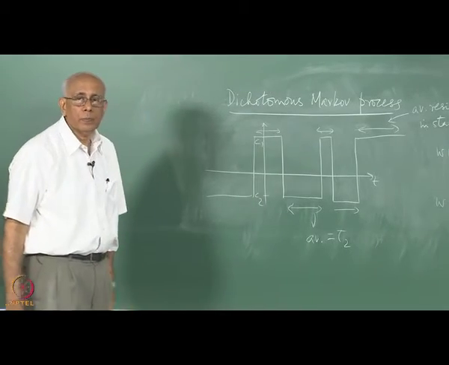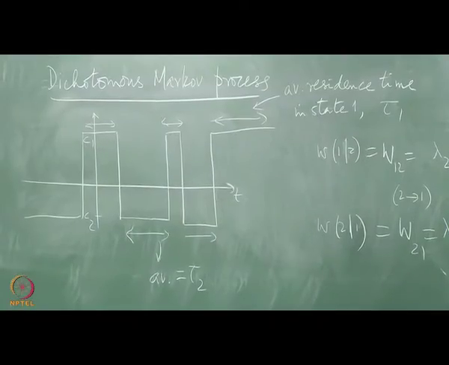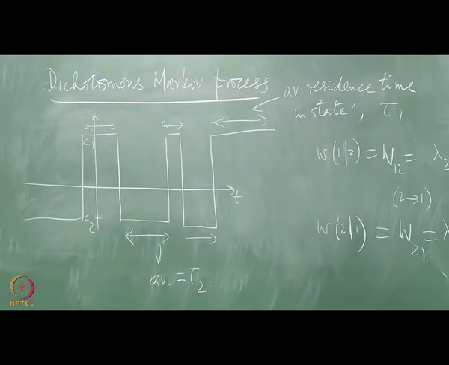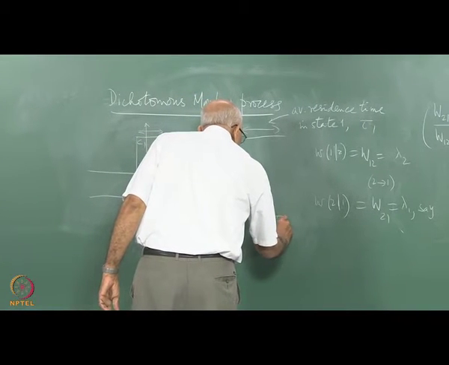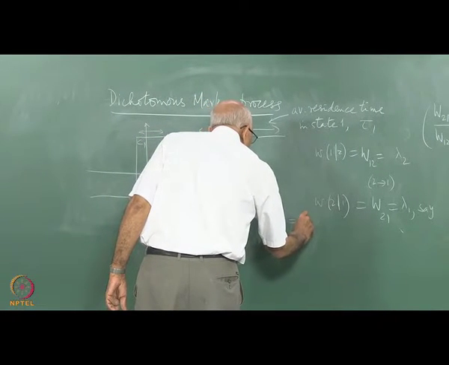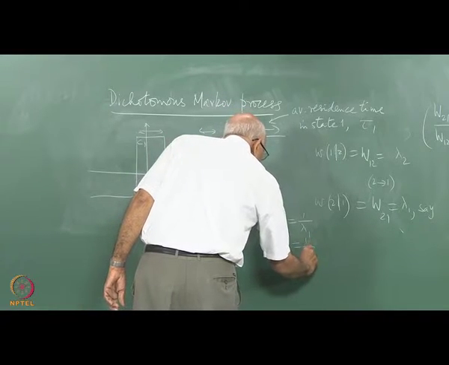Okay. Then clearly the switching rate is just the reciprocal of these things, right. So it is clear that tau 1 equals 1 over lambda 1, tau 2 equals 1 over lambda 2.